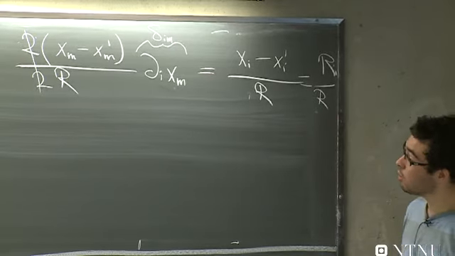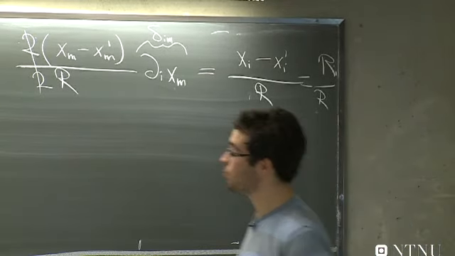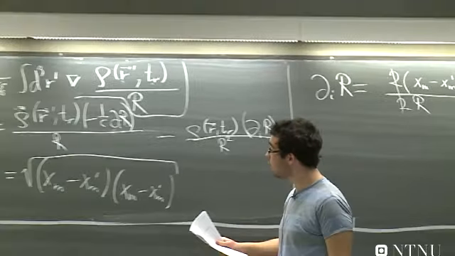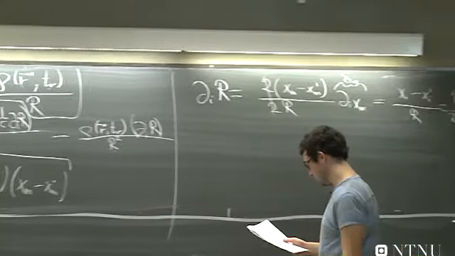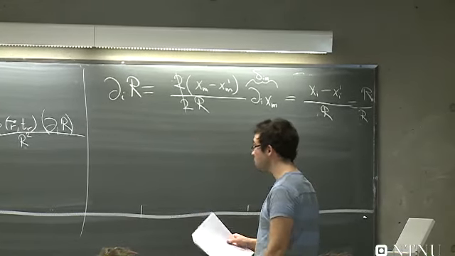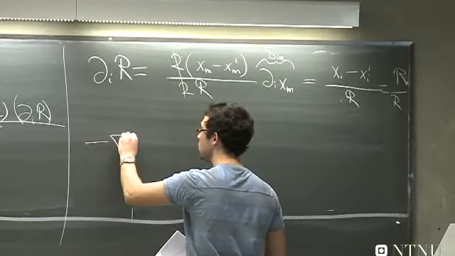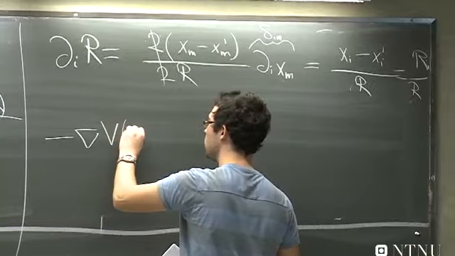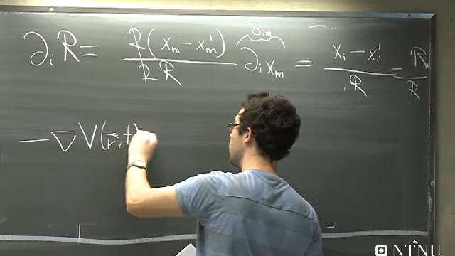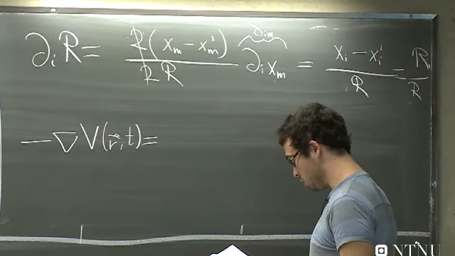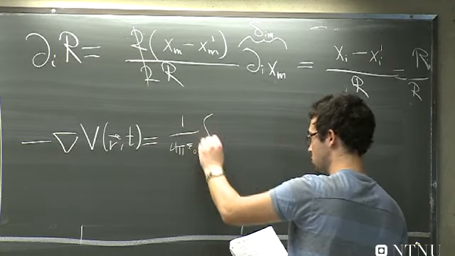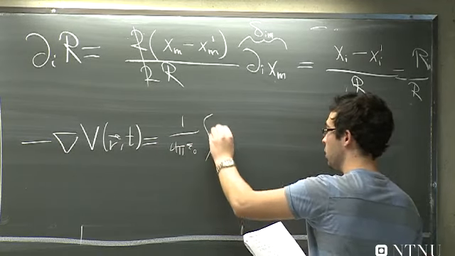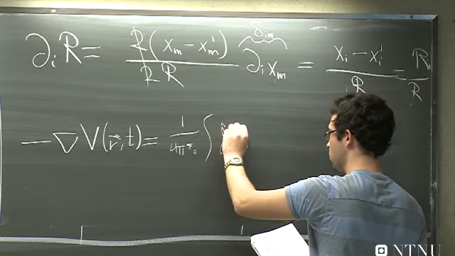Whew. So if I get all this back into my differentiated integral here, I get that, let's see, minus grad V is equal to 1 over 4 pi epsilon naught, integral d3r prime.